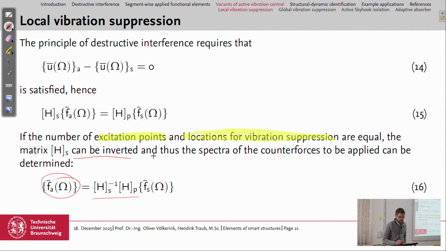So if we want to calm down, for example, three points in the structure, then we need at least three actuators to be able to invert the matrix.